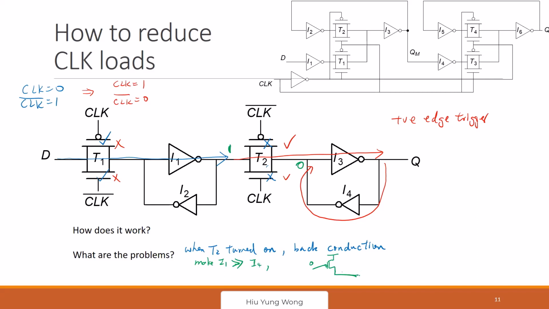And for I4, I have a smaller NMOS. This is I4, this is I1.